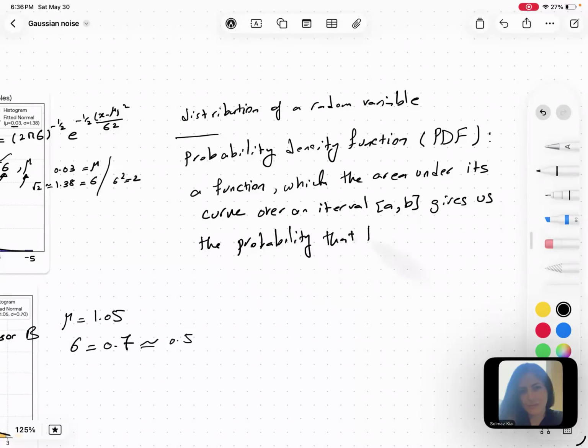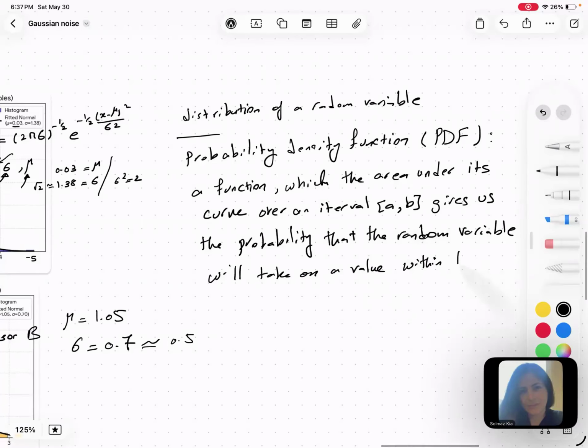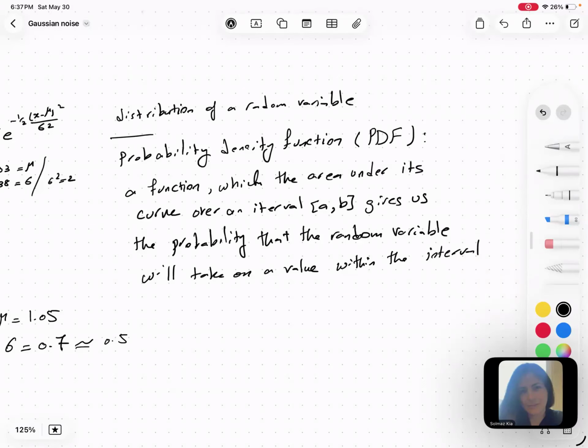that the random variable, in our case the sensor measurement error, will take on a value within the interval.